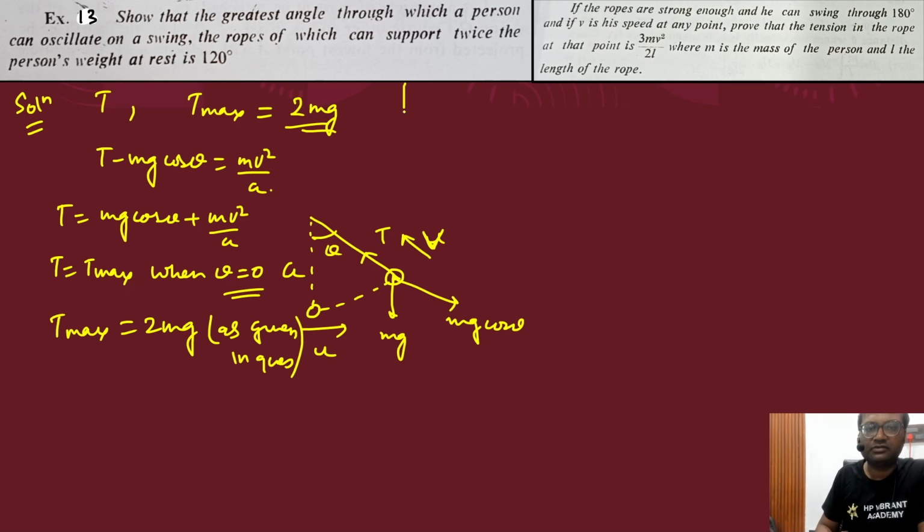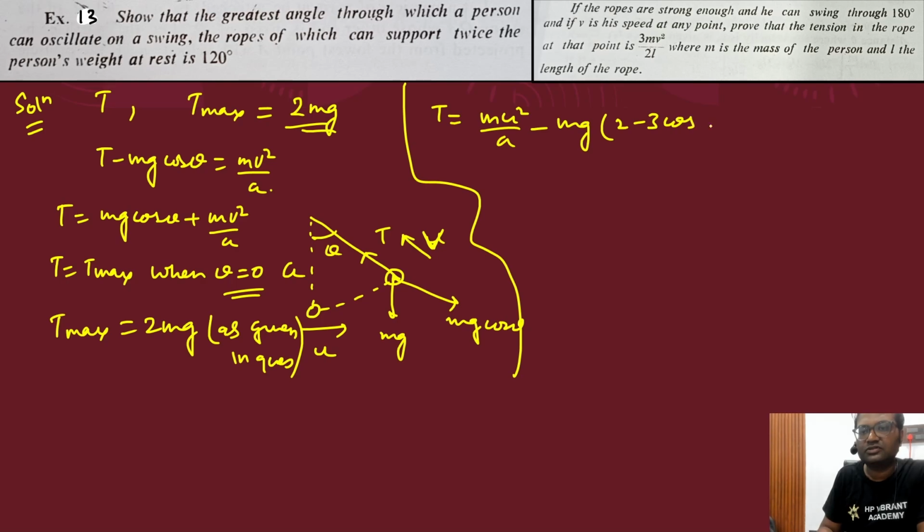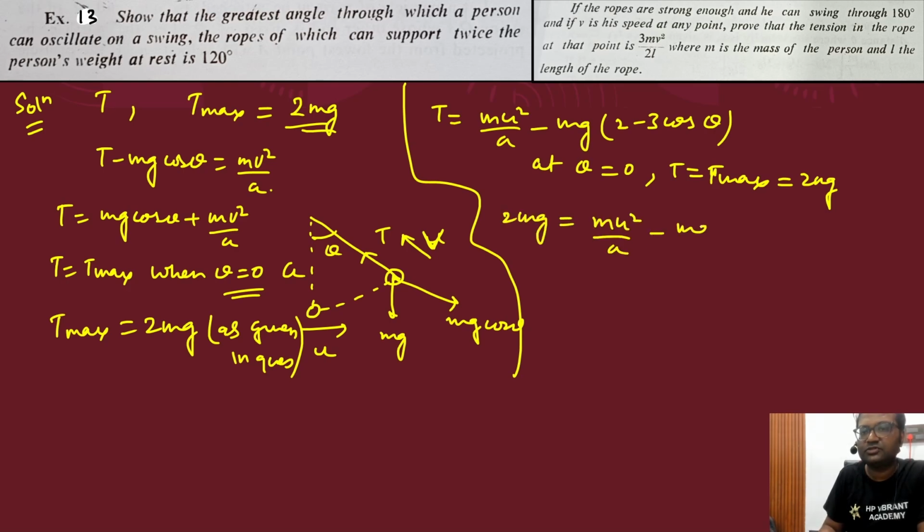So now we have T is equal to mu square upon a minus mg (2 minus 3 cos theta). At theta is equal to 0, T is maximum. Maximum value is equal to 2 mg. So 2 mg is equal to mu square upon a minus mg (2 minus 3 into cos theta). Theta is equal to 0, so cos theta is 1.